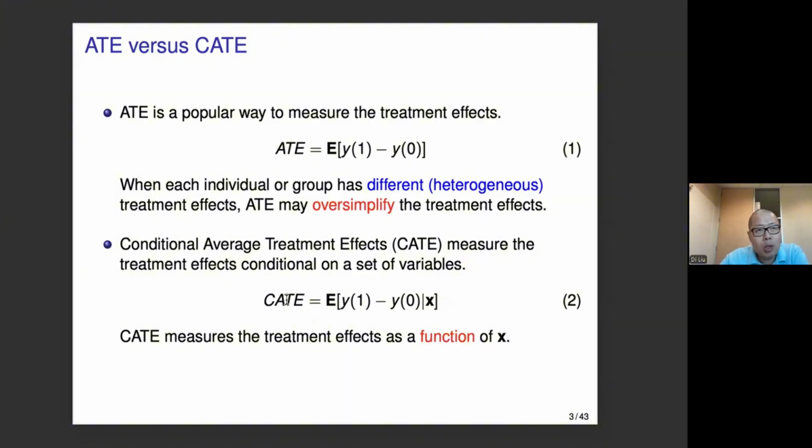We want to model how the treatment effects vary with the variable X. So it's no longer a single point. If we can measure the whole function of the treatment effects, we have a better idea about how treatment effects are distributed among the whole population, how they vary among different subgroups, etcetera.